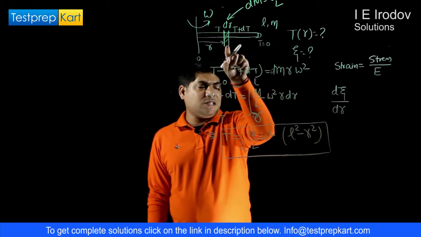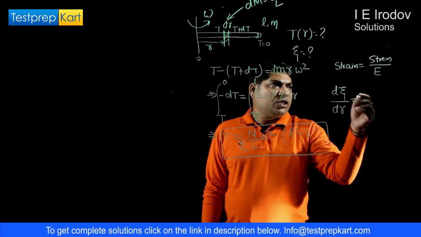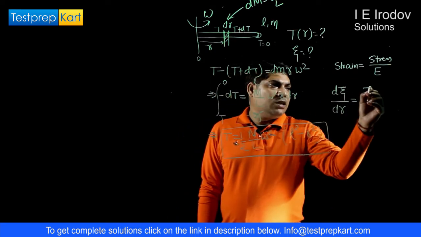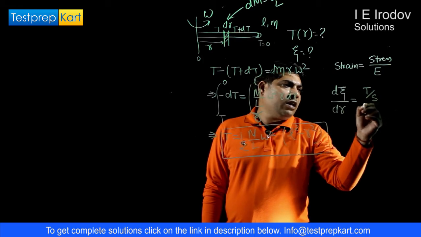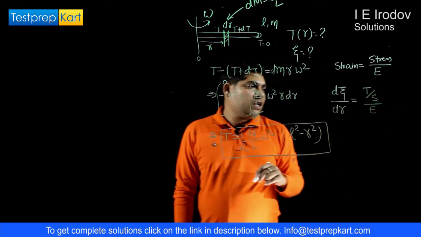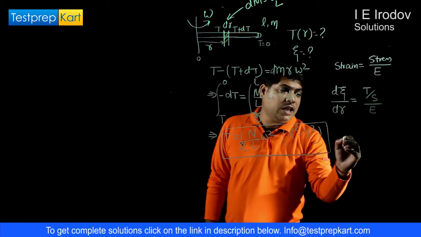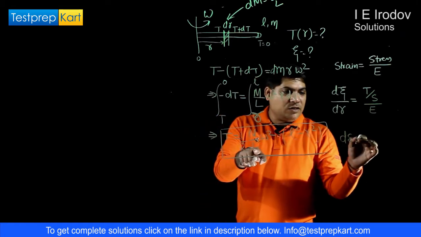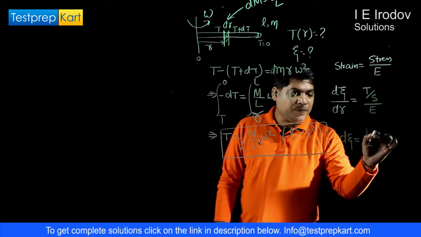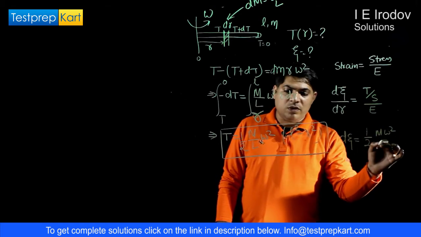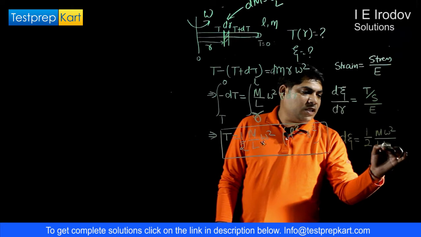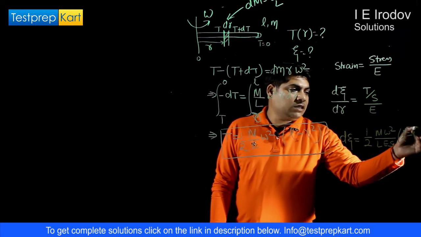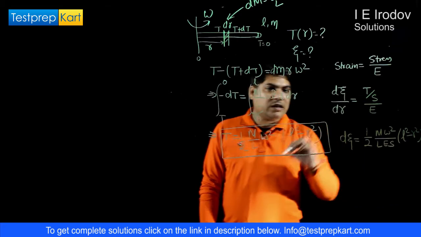We are working for this small segment, that is equal to stress. Stress is force divided by area. Force is this tension T upon area, into the modulus of elasticity. So this d epsilon is equal to, we can use this value, 1 over 2 m omega square L into E into S into L square minus r square into dr.